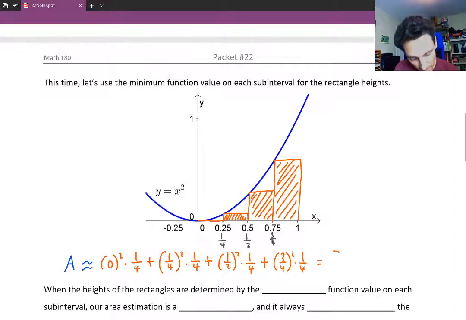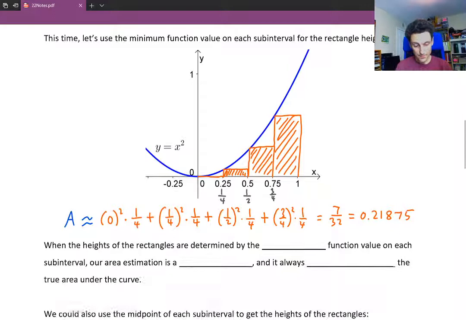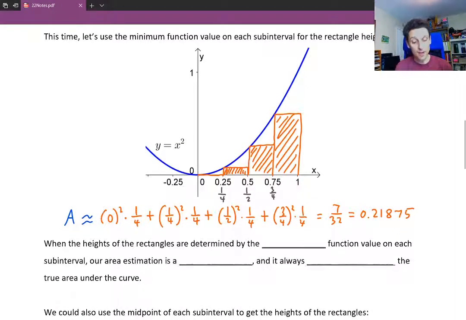Now if you work the fractions out, you get 7/32, which is 0.21875. And that's going to give us an underestimate, because all the rectangles are under the curve, and there's some area right here, and right here, and right here, and right here that we're not factoring into our computation.